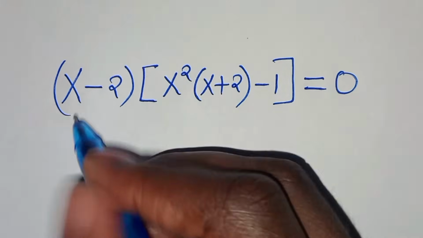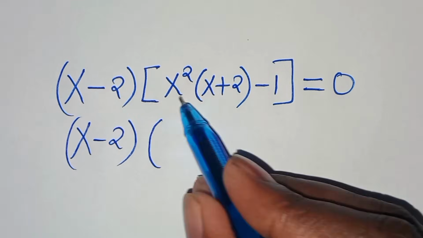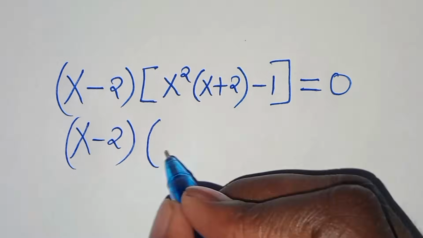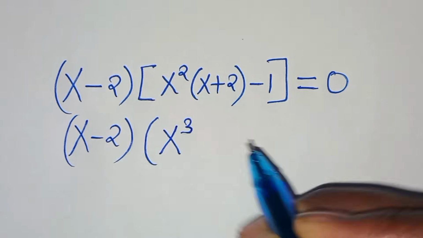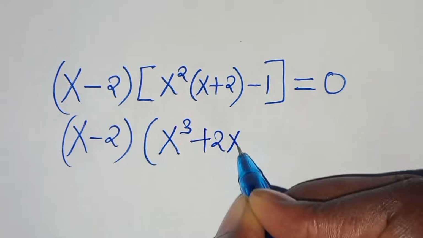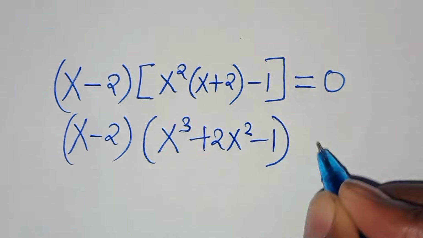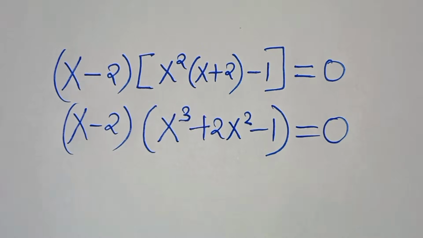So here we have (x − 2) into the parentheses. This is x² times x, which is x³, then x² times 2, which is plus 2x², then we have minus 1. Close the parentheses, equal to 0.